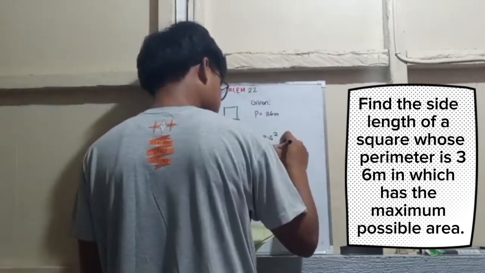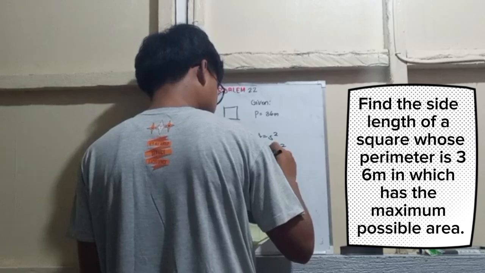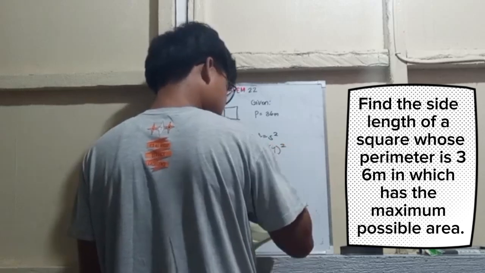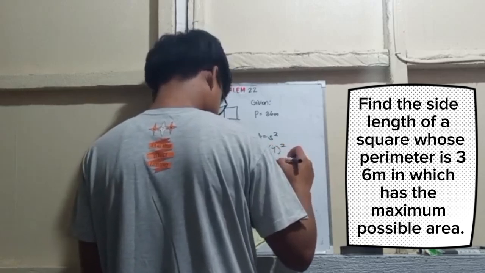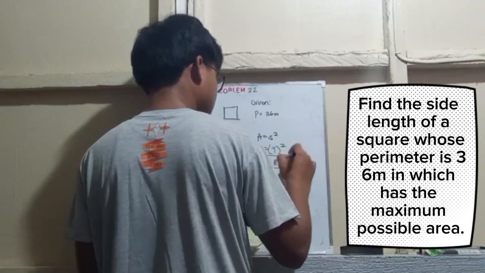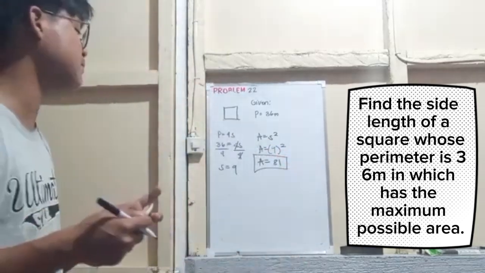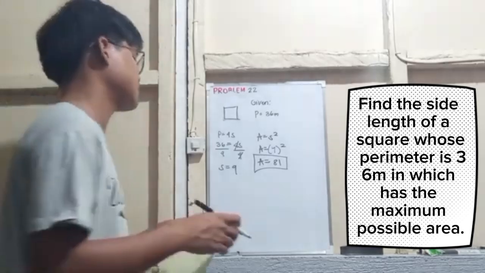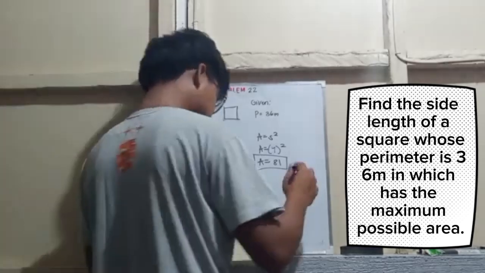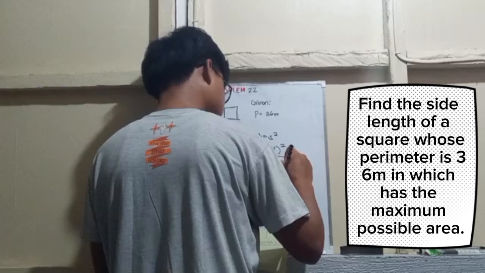So 9 squared will give the value of the area as 81. So now we have the final answer of the maximum possible area of a square as 81 centimeters squared.